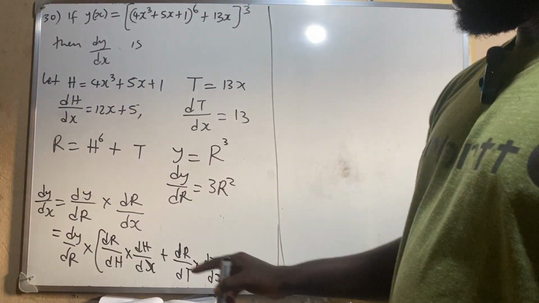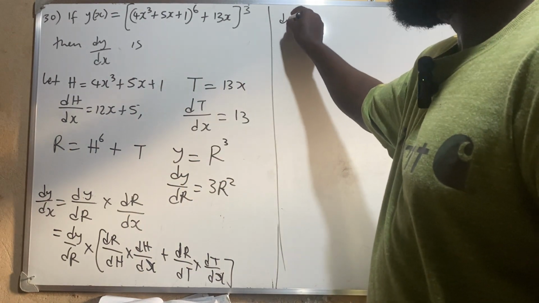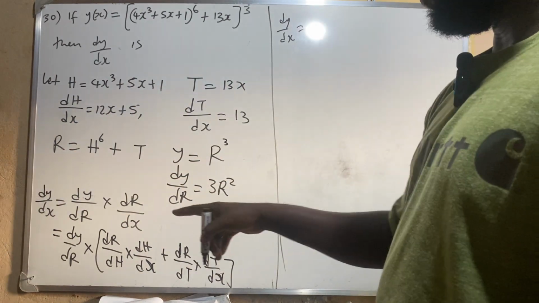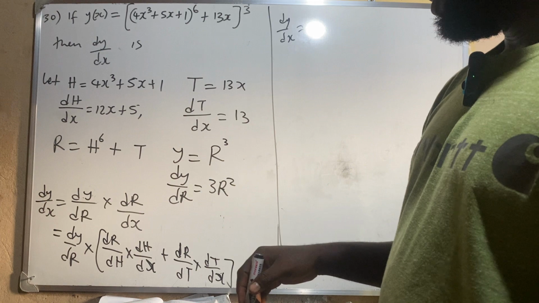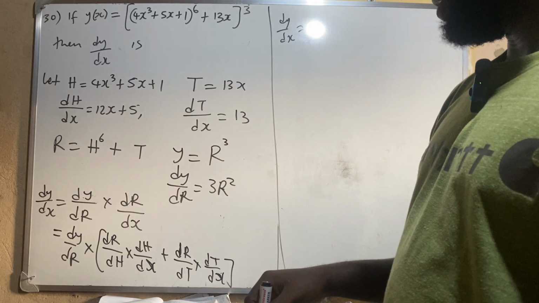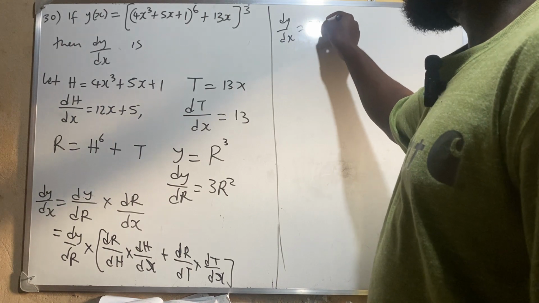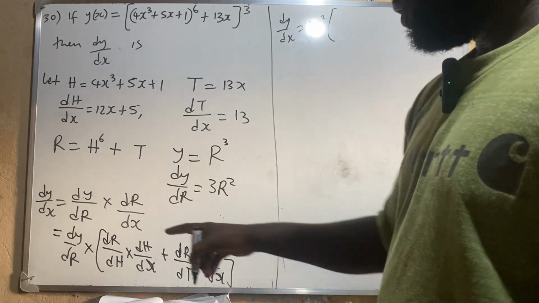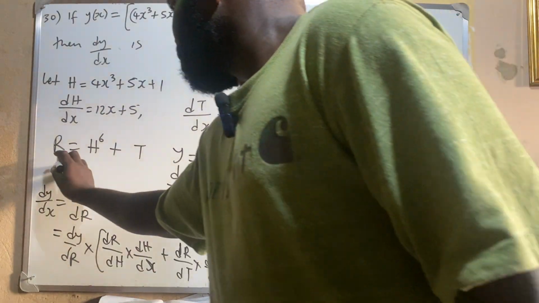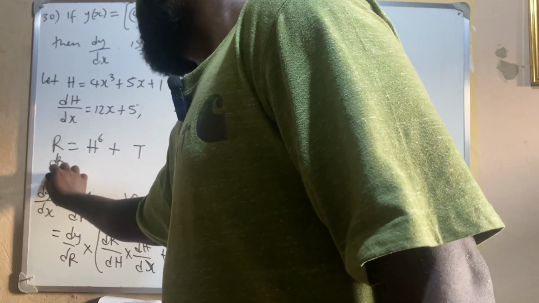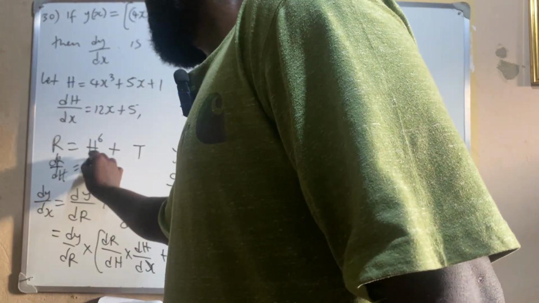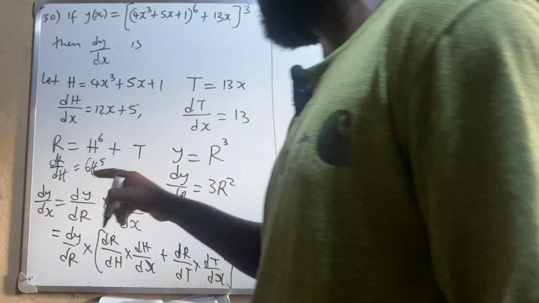So that is that. So if we now put everybody together, dy dx is simply what? Dy dr, I've gotten it as well. Dy dr is simply 3r squared, in bracket of the dr dh. The dr dh is simply what? 6h raised to power 5. Is it not?